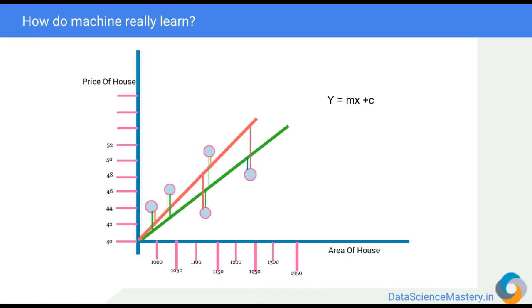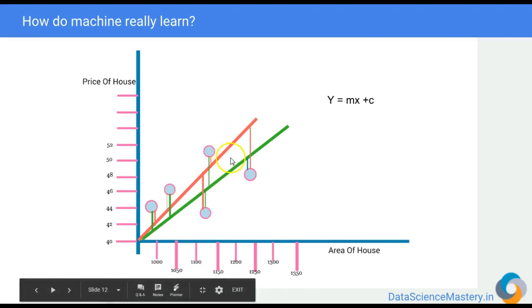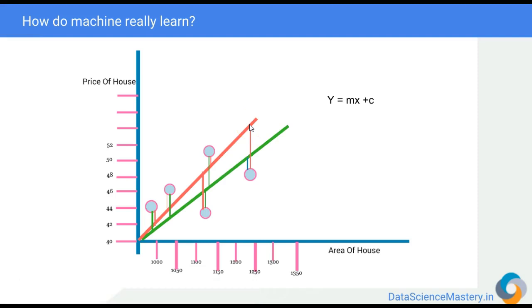Even before getting to what a cost function is, if I have to decide between these 2 lines, I need some rule. One rule could be that we find the difference between what the model says about a price and the actual price.